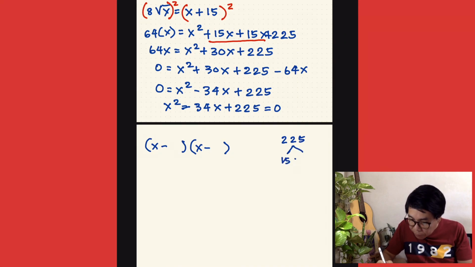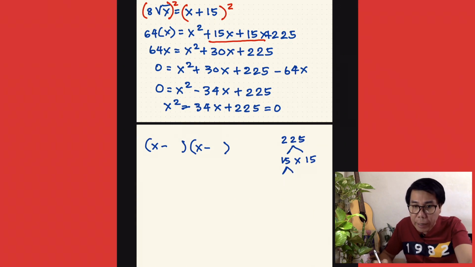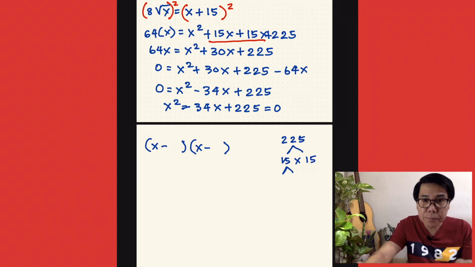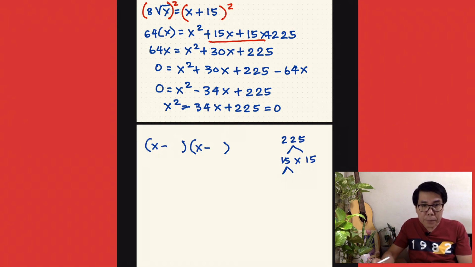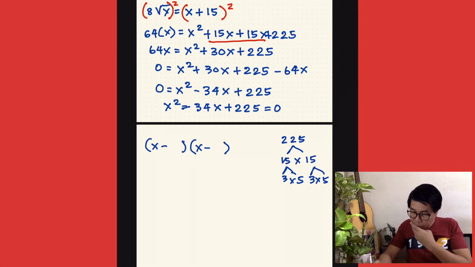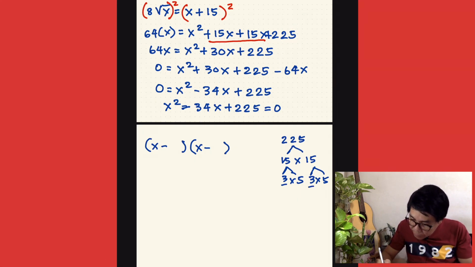So we have 15 times 15. So 15 is 3 times 5, and here also 3 times 5. So 3 and 3 give us 9, and 5 and 5 give us 25.